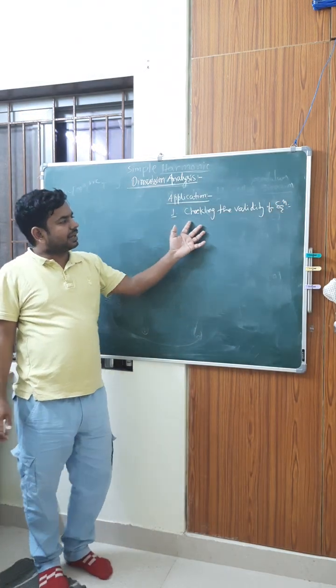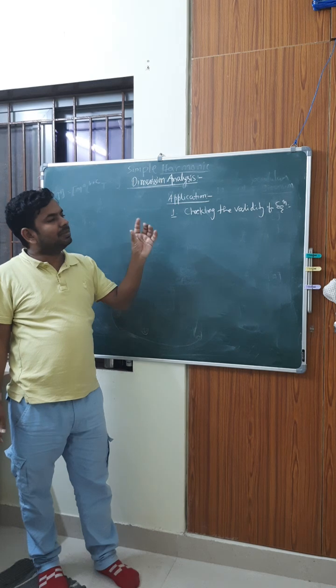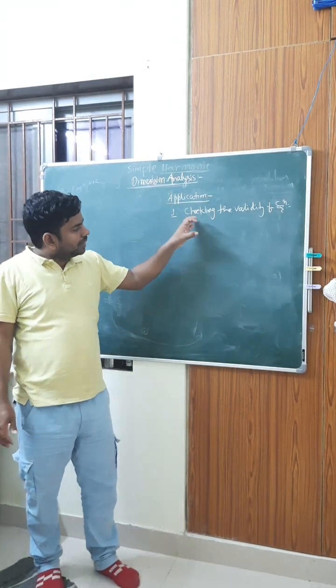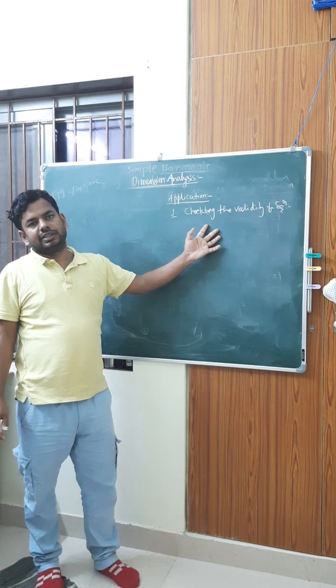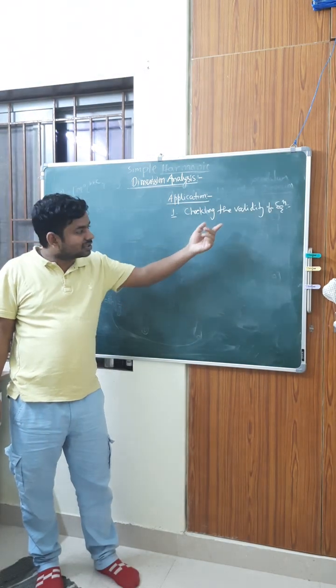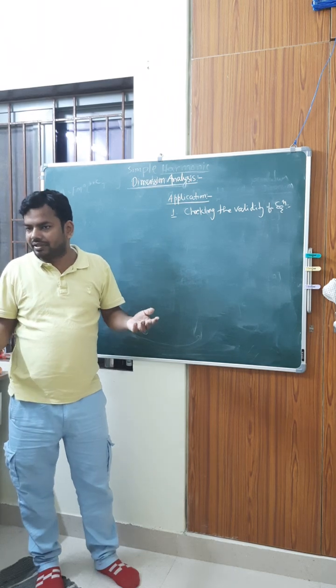We can check whether any equation is dimensionally correct or not. The main advantage is that we can check that an equation is wrong, but if it comes out right, we cannot say the equation is right.